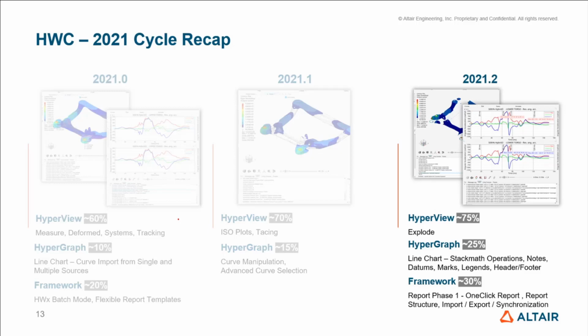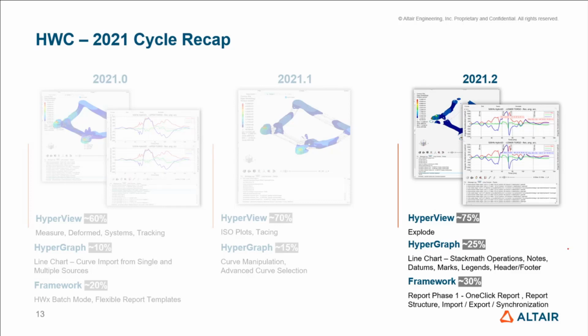HyperGraph made even bigger steps there. We supported line charts, the well-known stack math operations, nodes, datums, all supported from that version. And as you can see at the bottom, report phase 1 was introduced. So we initially introduced the creation of reports through the HWC layer.